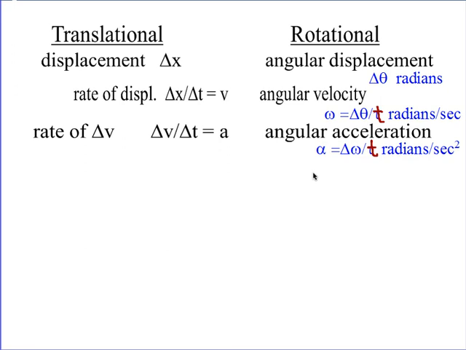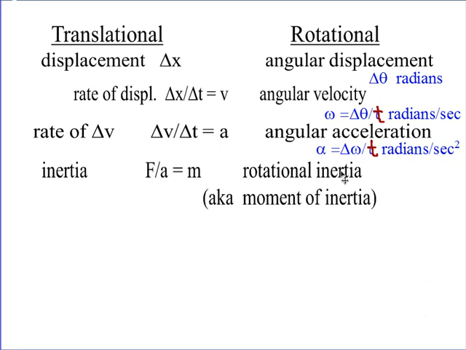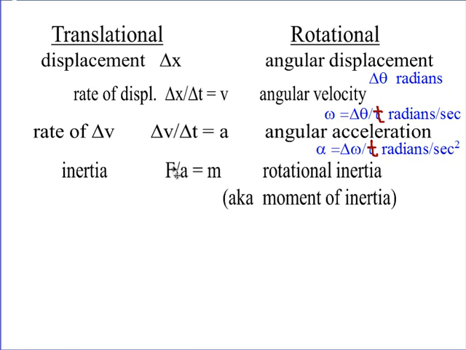But it's really the same thing, and it behaves itself so nicely that the ratio of the resistance to changes in motion, this quantity m, which was inertia, has a corresponding rotational inertia, which is also sometimes called the moment of inertia. What exotic language! But we're just going to take the rotational equivalent of force and divide it by rotational acceleration.